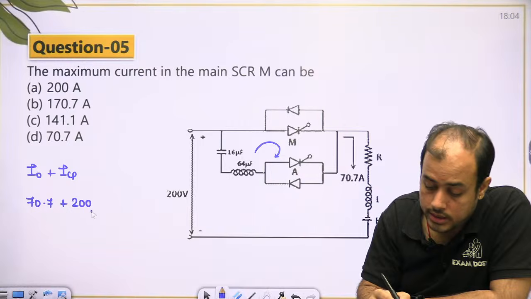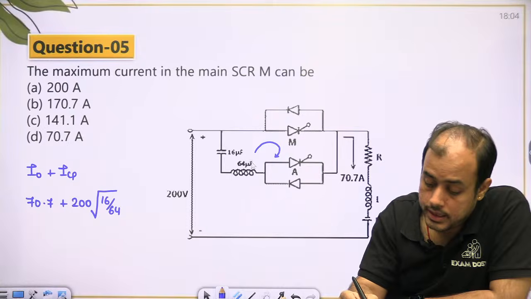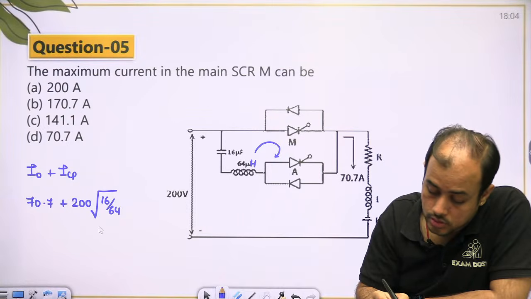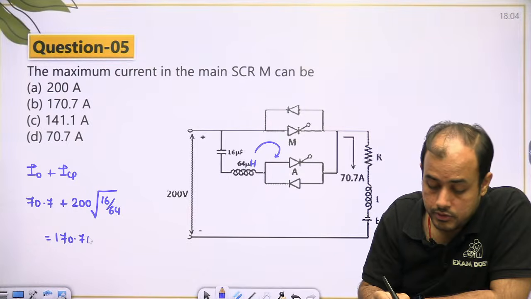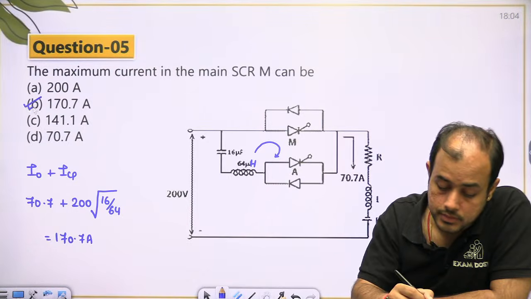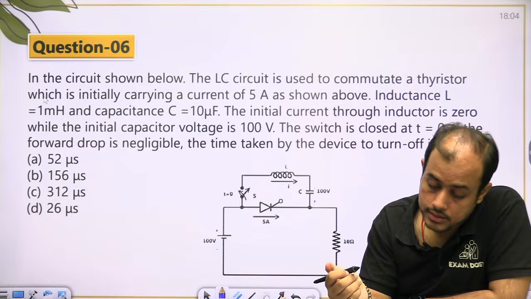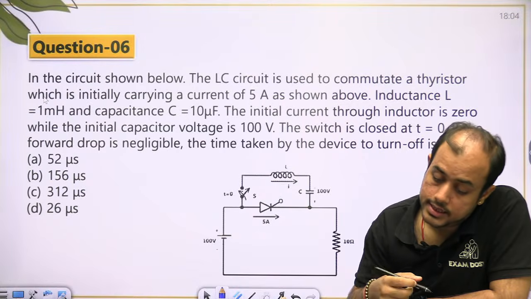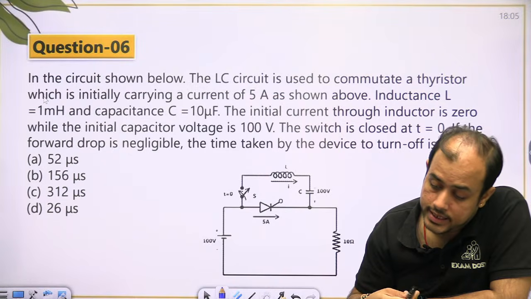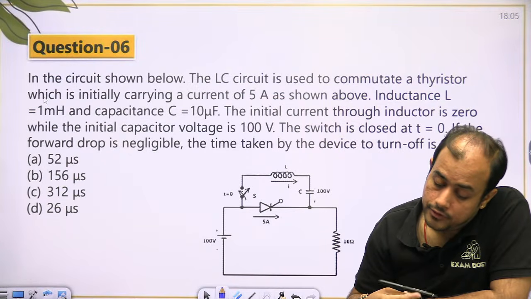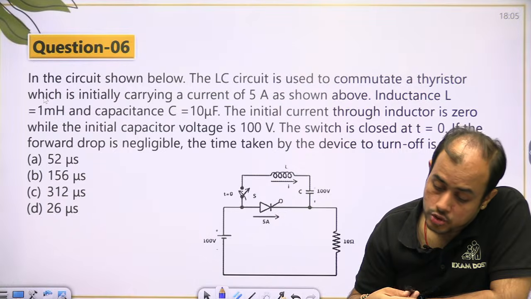70.7 plus 200 root C by L, ये हेनरी में होगा, तो 1 by 4, 170 points. Very good. The LC circuit is used to commutate a thyristor which is initially carrying a current of 5 ampere as shown above.